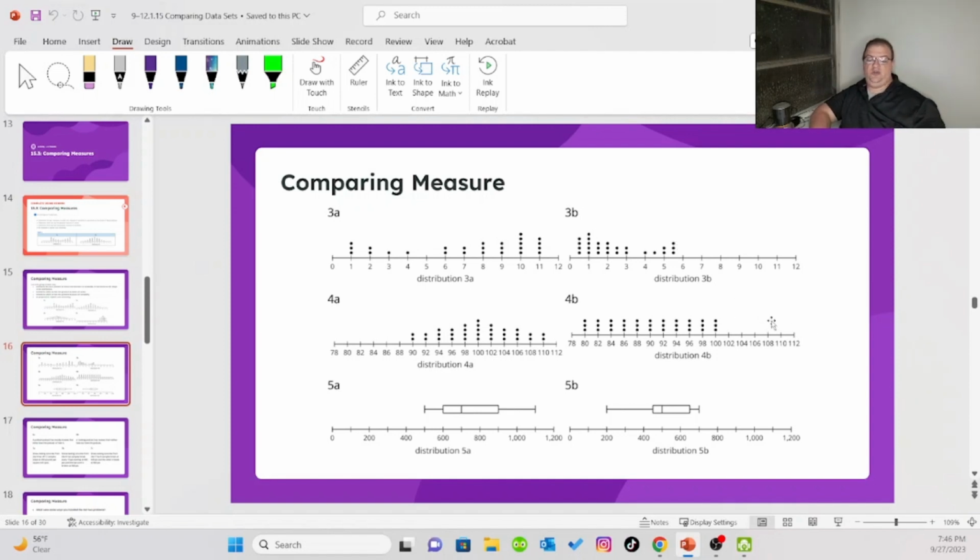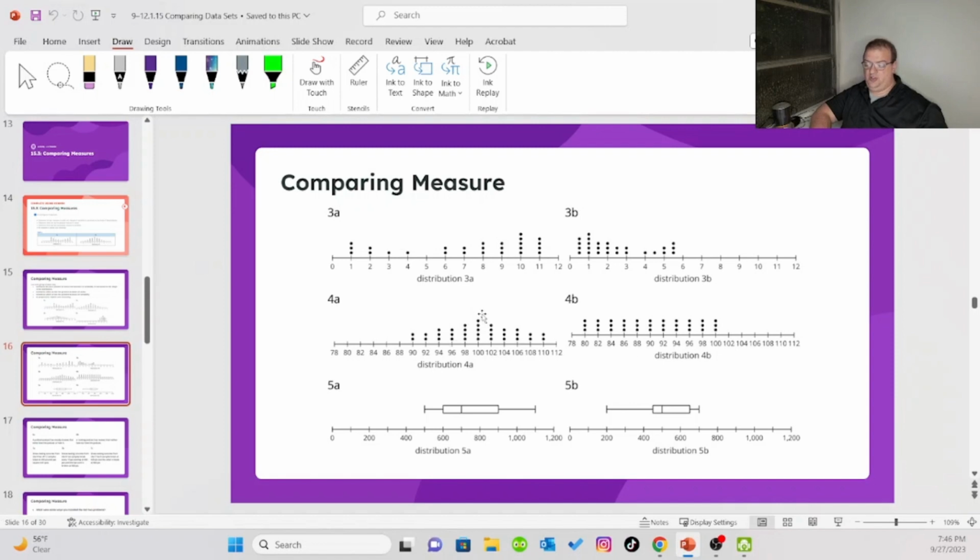Anytime I have skewed data, I'm going to use the median and the interquartile range. The median for distribution 3A is greater since the center is to the right of the center for distribution 3B. And the interquartile range is greater for distribution 3A since the data is more spread out in that distribution.